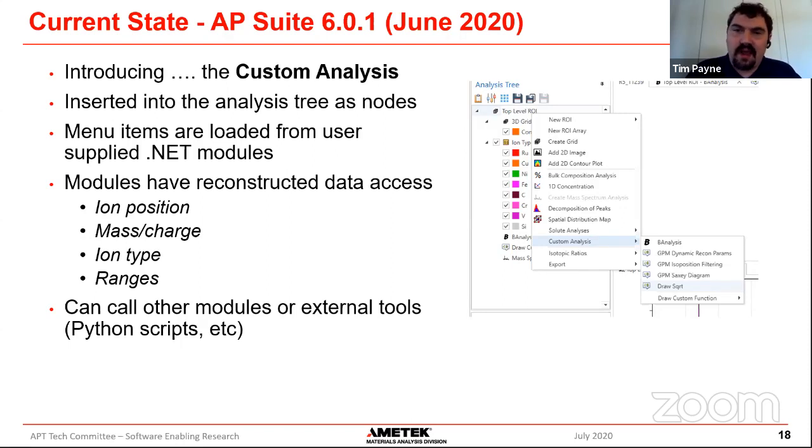We did try, actually, in our previous version 6.0, having a raw C# console in AP Suite. And we've actually taken that out in favor of having these external DLLs, because it turned out that editing C# code directly in AP Suite was difficult without having all the tools available to you from an IDE, like code completion and inspection.